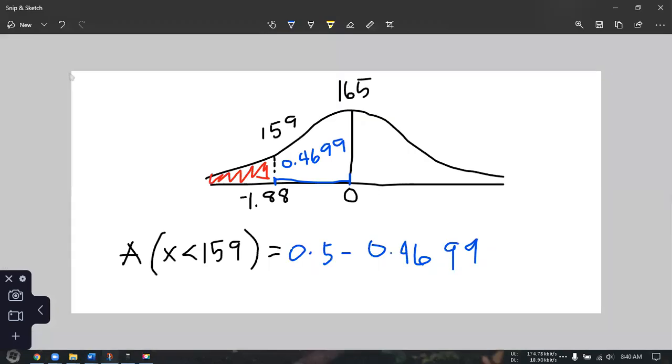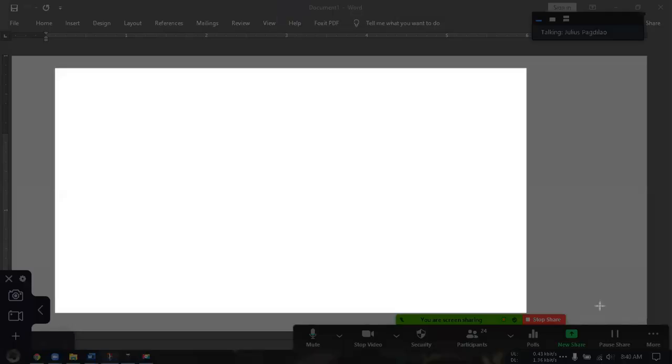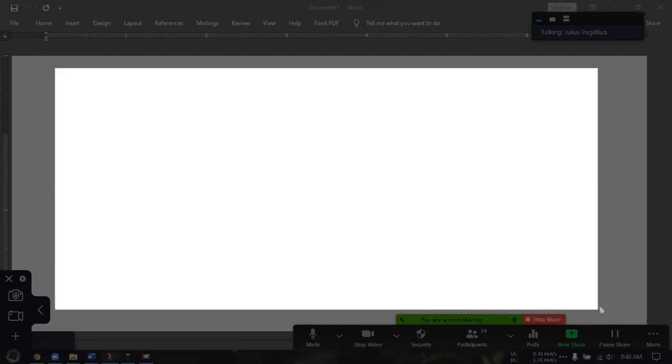Please take a screenshot of this. This is for letter C, 1, 2, and 3. And this is for letter D. We have 2 z-scores.